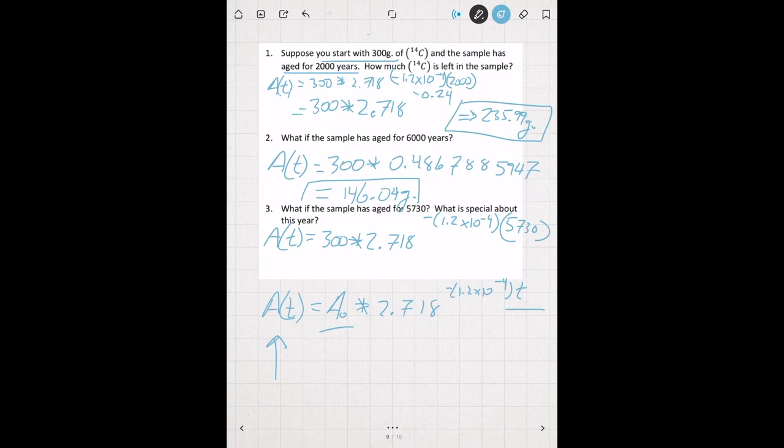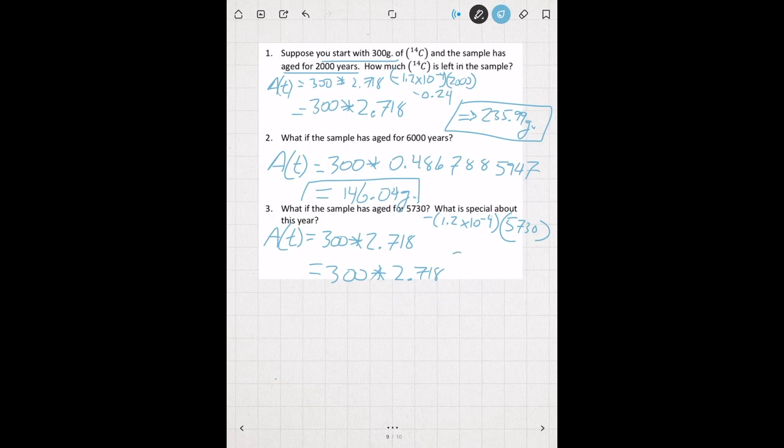All right, we're going to do the same thing as before, and let me clear the space down here. Let's start by figuring out what the exponent is going to be. What is the exponent on 2.718? So negative 1.2 times 10 to the negative 4 times 5,730.